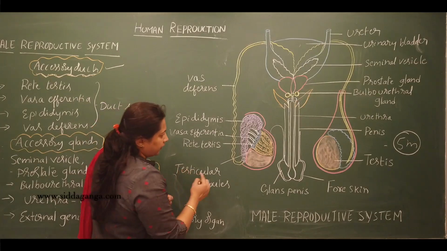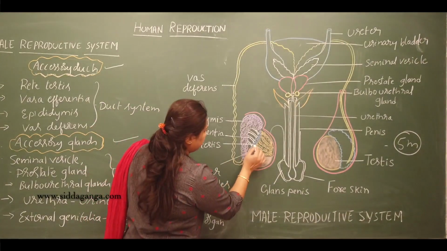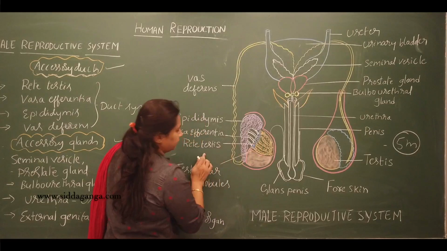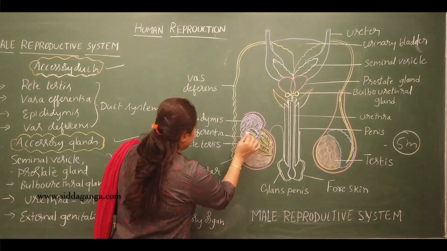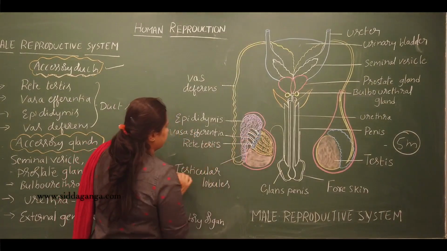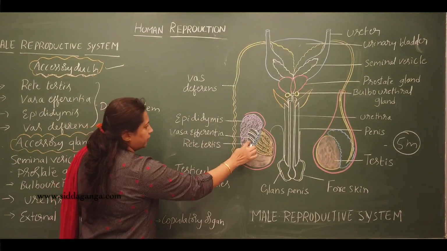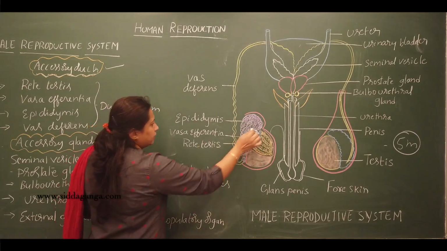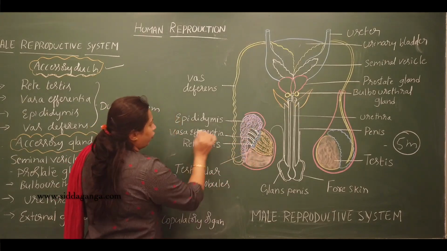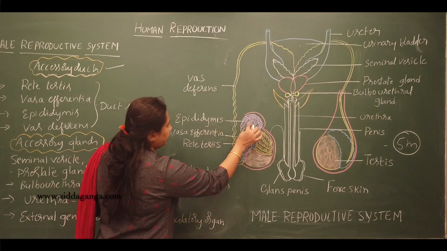The duct system begins with the rete testis, followed by the vasa efferentia. This is rete testis, this is vasa efferentia, and this coiled tubule is called the epididymis.